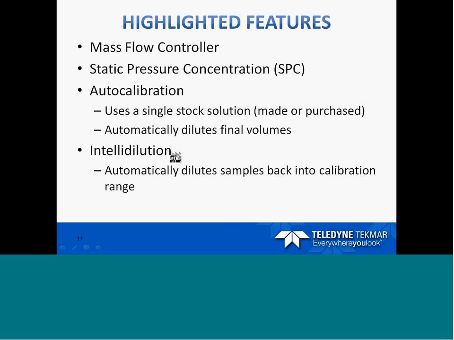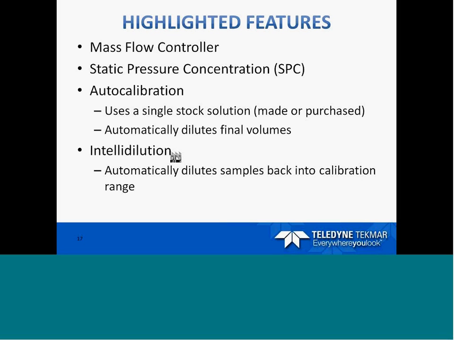IntelliDilution is kind of the smart or the brains of the system to see if a sample is over range. So we talked about earlier that since this is a low-level analysis, if you have samples around the 50 ppm range, you may want to have them diluted back into your calibration range, which for this paper is 0.5 to 25.